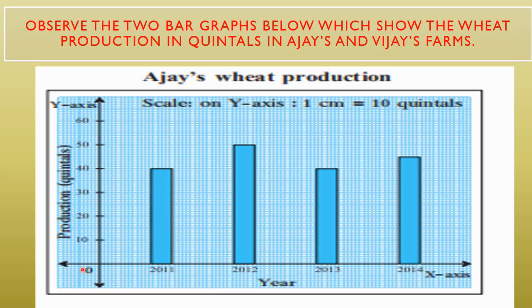On the y-axis production in quintals is mentioned, and on the x-axis you can see year is mentioned. Here you can see the scale on the y-axis: 1 centimeter is equal to 10 quintals. This is Ajay's wheat production graph.